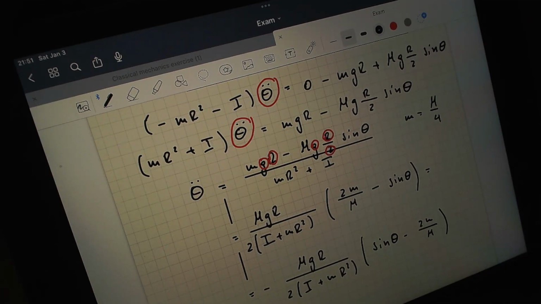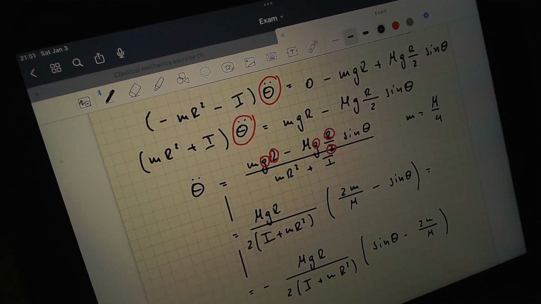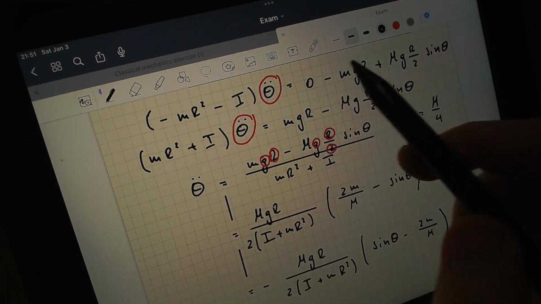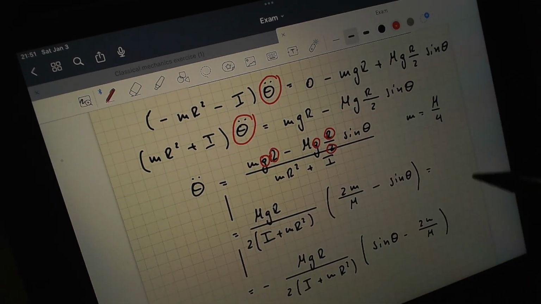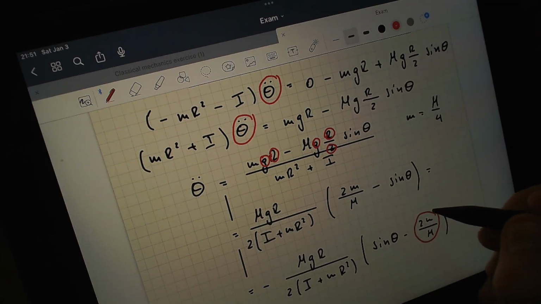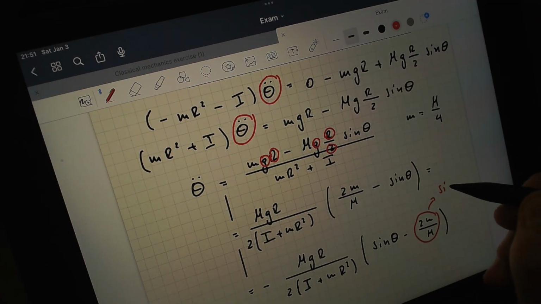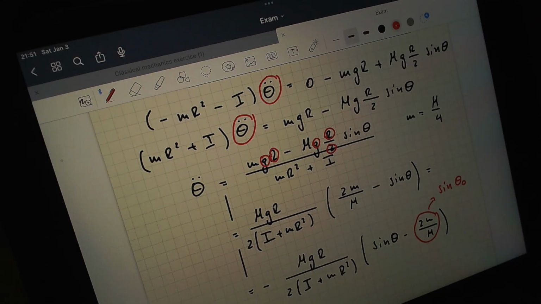And we know that this is just the sine of theta 0, which we demonstrated in the first point in the first video.